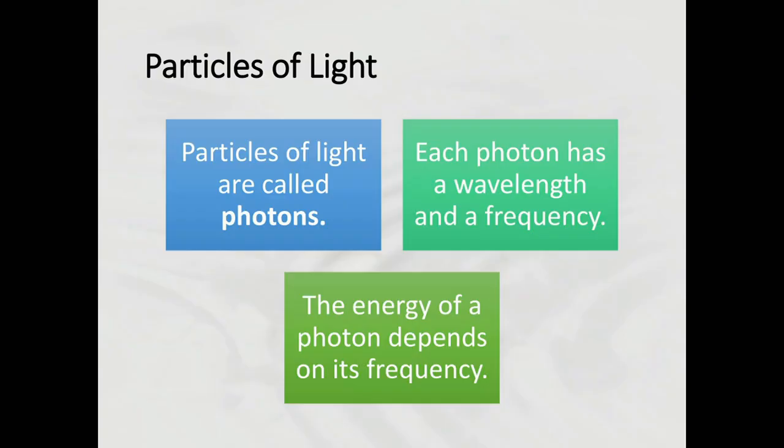So photons have a wavelength and a frequency, and the energy of that photon or that particle depends on its frequency or its wavelength. So a photon you can think of as a little point of energy, and when that little point of energy hits something, it acts like a particle, but as it's propagating through space, it acts like a wave.